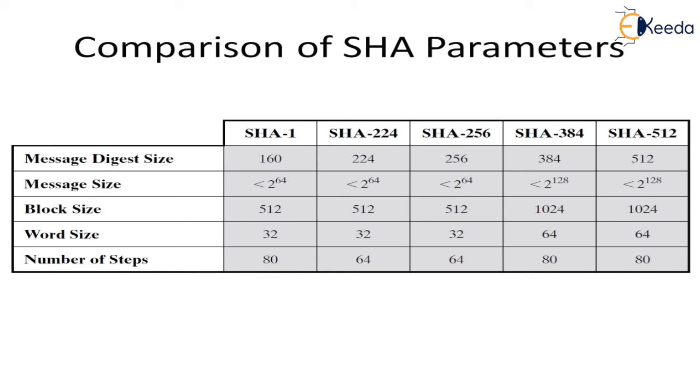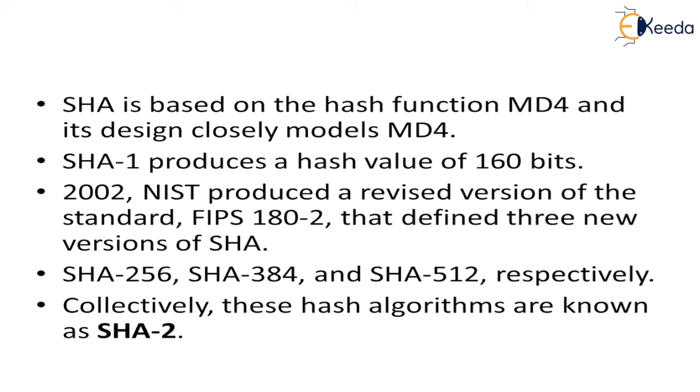These parameters vary version-wise. SHA-1, which is considered the base of the rest of the versions, has a message digest size of 160, message size less than 2 raised to 64, block size of 512, word size of 32 and 80 steps.